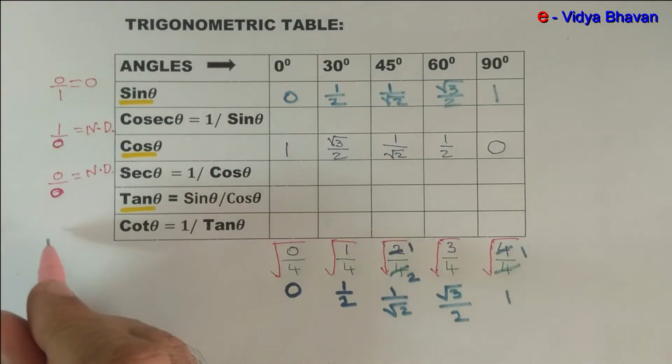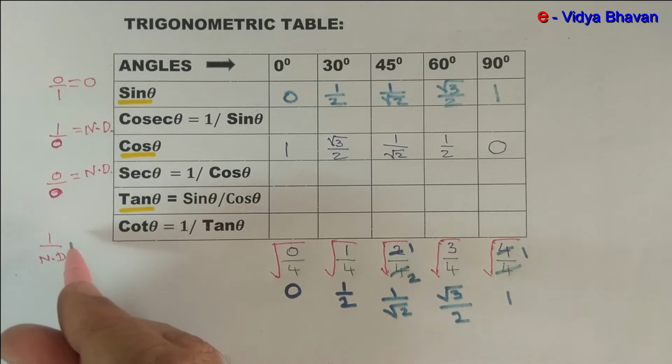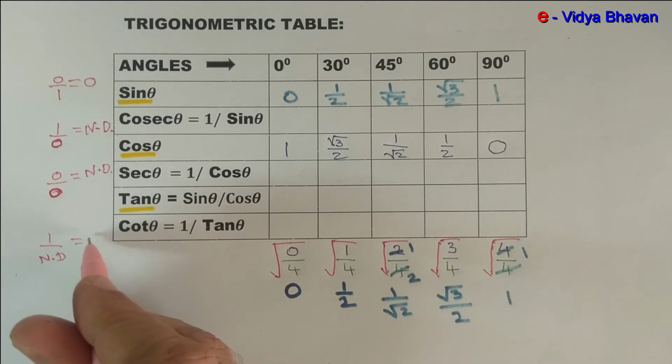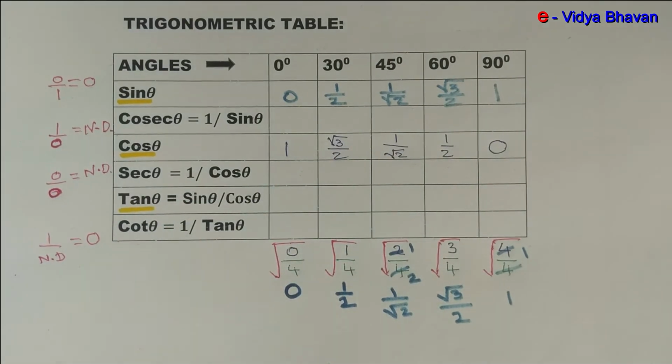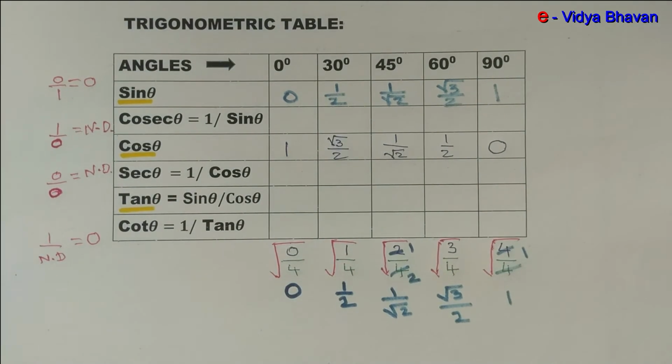And lastly, 1 upon not defined gives 0. So try to remember these 4 important points. We will require them to fill the table.